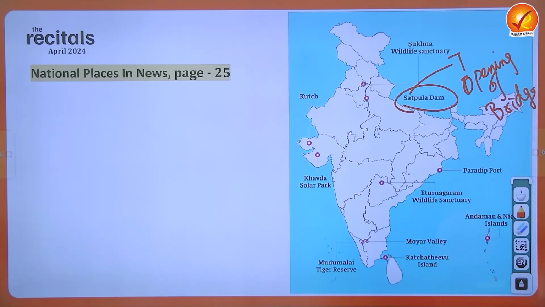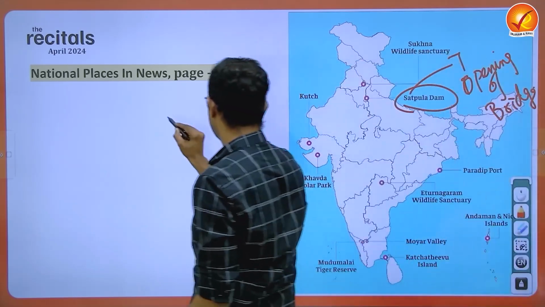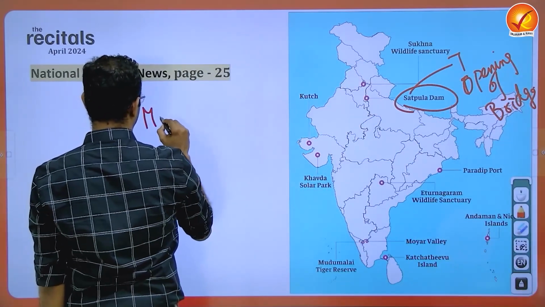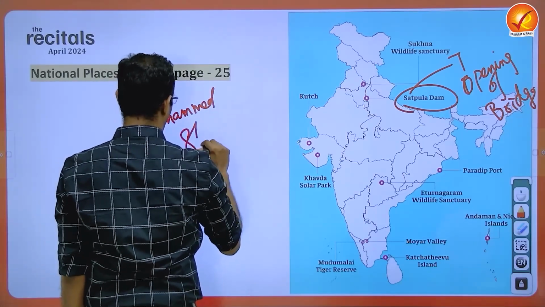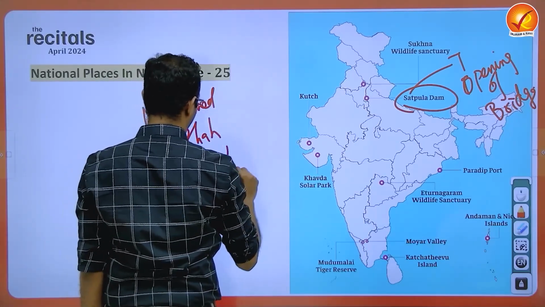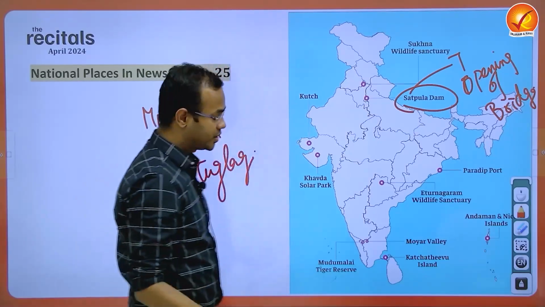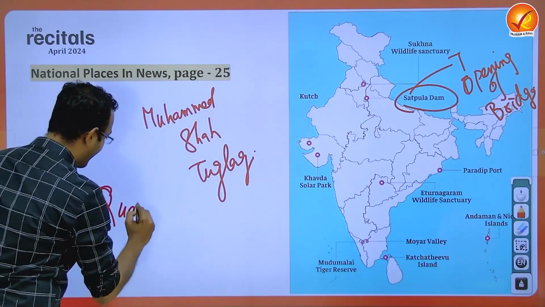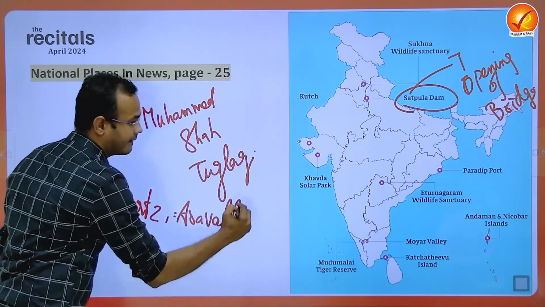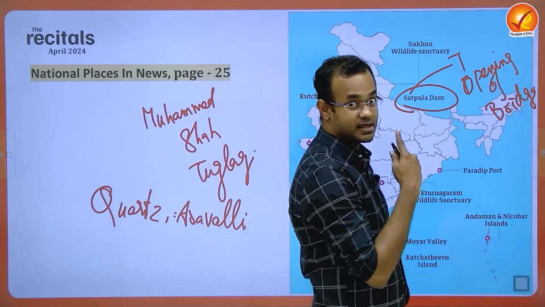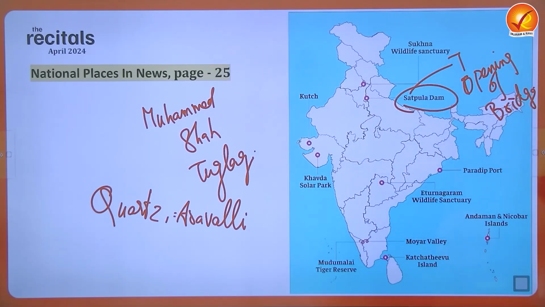Satpula has been constructed by Sultan Muhammad Shah Tughlaq from quartz stone found in the Aravalli regions.